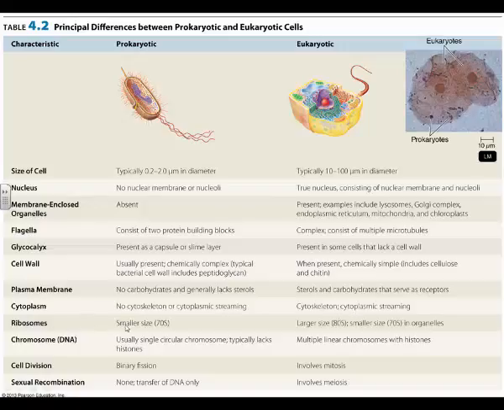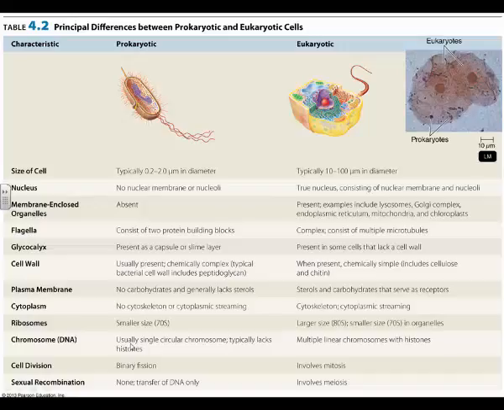And I already went over the difference in the ribosomes that allows for us to have antibacterial chemicals that can target the bacterial ribosome and not affect the eukaryotic ribosome.